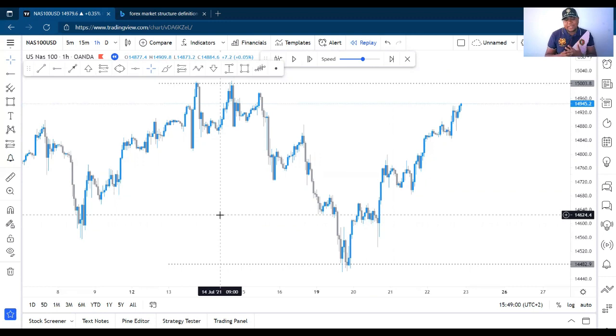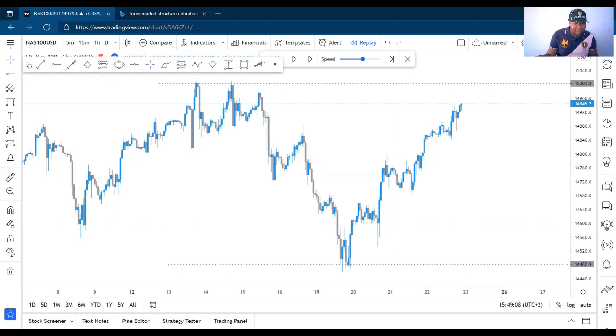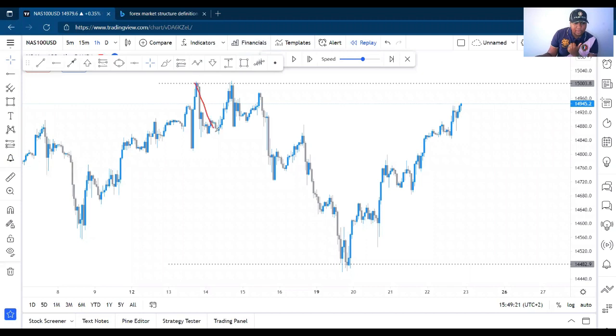Now, just to understand a bit of structure and what market structure is. We've dealt with the first point on how to identify structure. Now we want to see what market structure actually is. When we talk about market structure, we're talking about market phases, about a point of resistance there, and about when the market is in a downtrend.